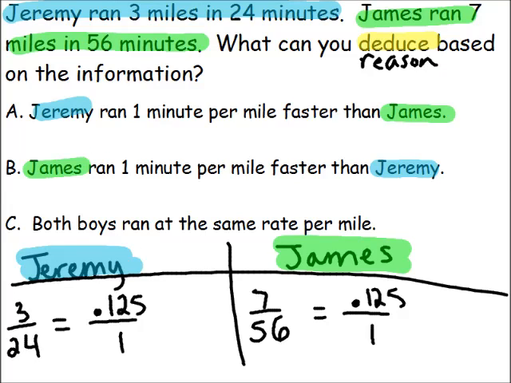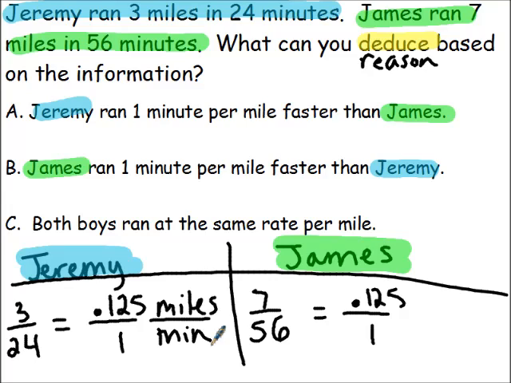Okay, if you set up a ratio for Jeremy of 3 miles in 24 minutes and a ratio for James of 7 miles in 56 minutes, and then converted each of those ratios into a unit rate, in other words, making a denominator of 1, you would have found that Jeremy would run 0.125 miles in 1 minute.